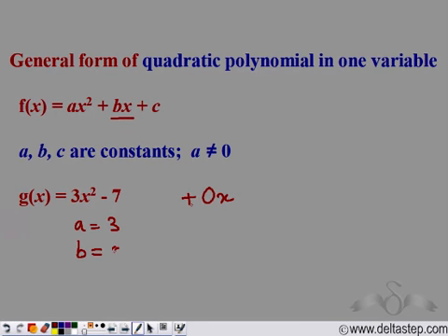So b is 0. c is negative 7. So a is 3, b is 0, c is negative 7. Another important point to note here is, although a cannot be 0, b can be 0. So in a quadratic polynomial, only a cannot be 0. That is, we need to have a non-zero coefficient of x². Only then will it be a quadratic polynomial. Otherwise, b could be 0 or even c could be 0.